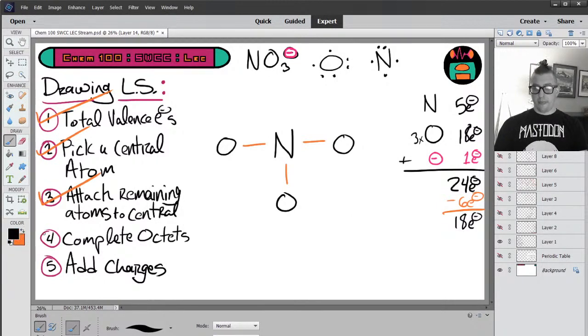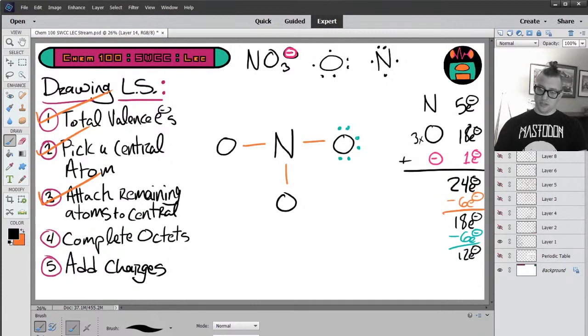All right. Now we got to complete some octets, right? Oxygen has access to 2 electrons. It wants 8. So it needs 6 more. 2, 4, 6, 8. 8 electrons. That'll cost us 6 out of the budget, leaving us with 12.